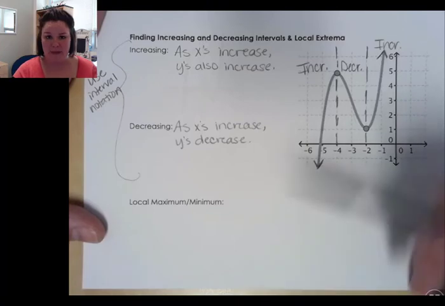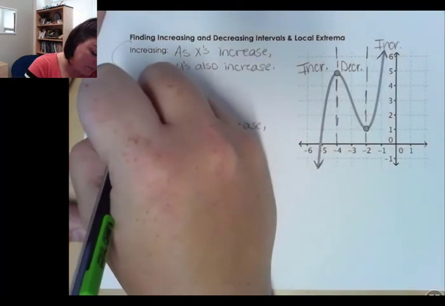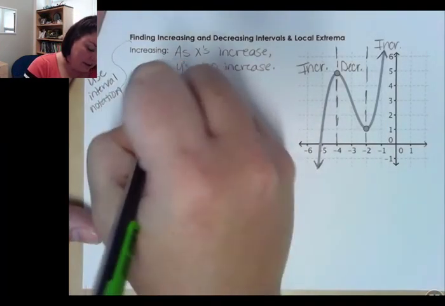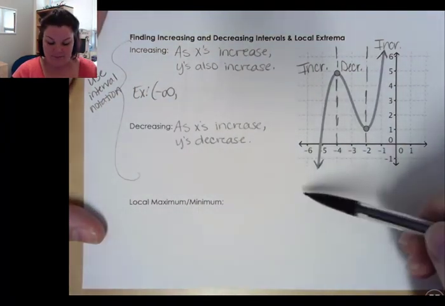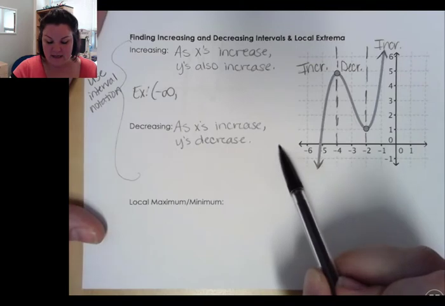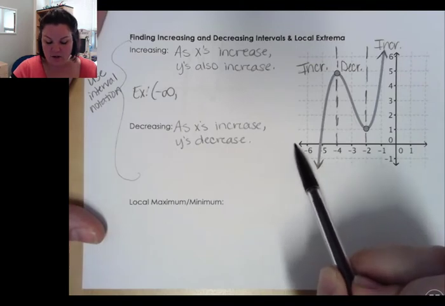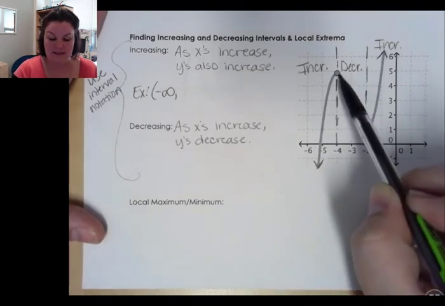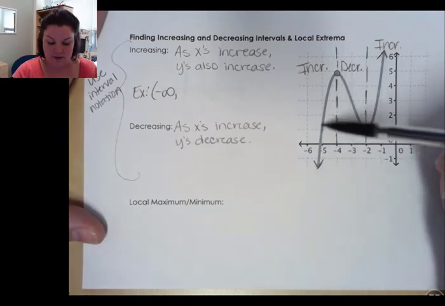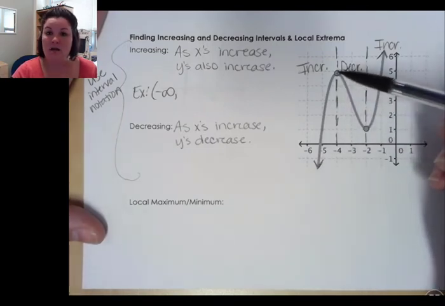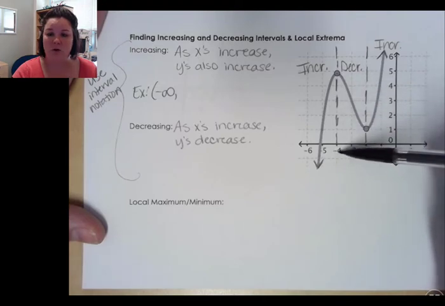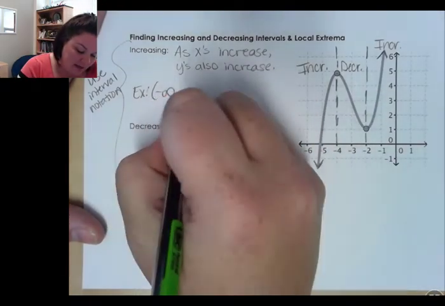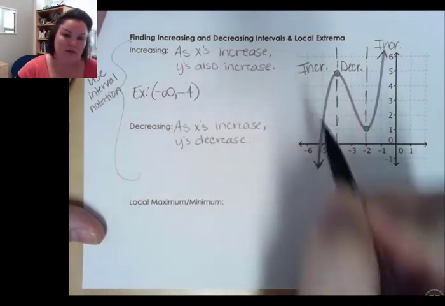So that means that, for example, for our picture here, it's going to start at negative infinity, right? And from negative infinity, it's going to increase across all these x values until it gets to this point. And notice this point, my x value is at -4. So it increases from negative infinity up to -4.